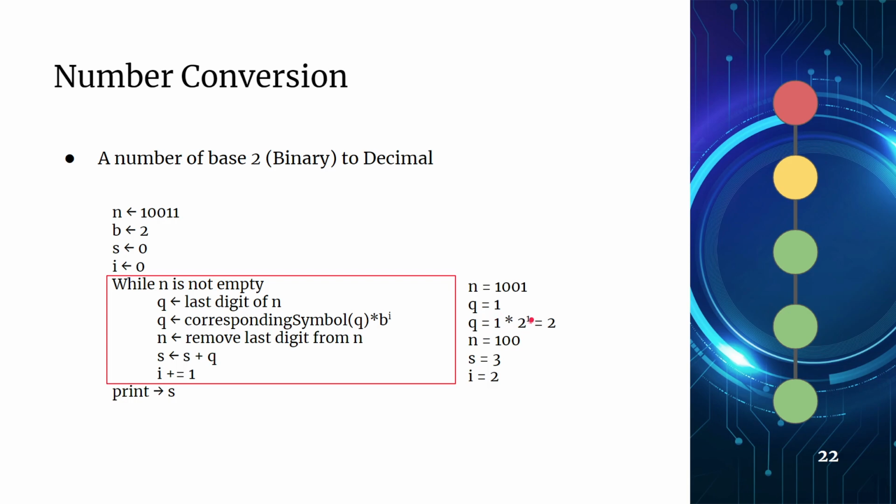But right now, as i is 1, 2 to the power 1 will be multiplied with 1, and we will get 2. The last digit of n will be dismissed, it will be 100. s now contained 1, now it will add 2, so it will become 3, and i's value will increase by 1. Once again another digit disappears from n, but now the last digit is 0, which will be multiplied by 2 squared, which will eventually result in 0.